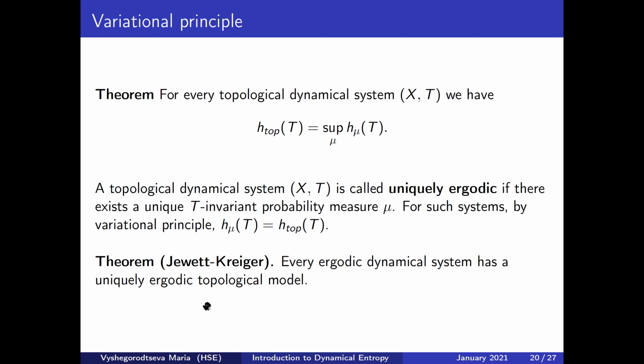So then we would like to use this principle a bit more. It happens that for a uniquely ergodic topological system, we can. We have just one T-invariant probability measure, and therefore dynamical entropy is equal to topological entropy.